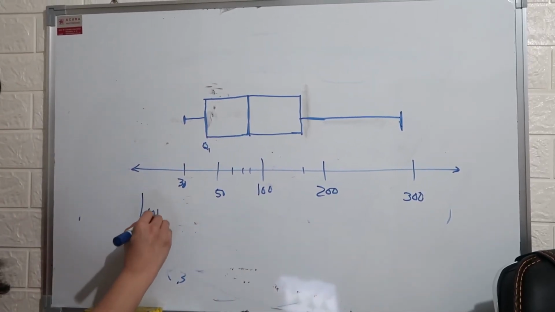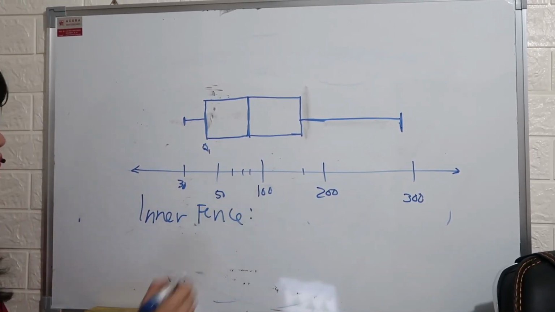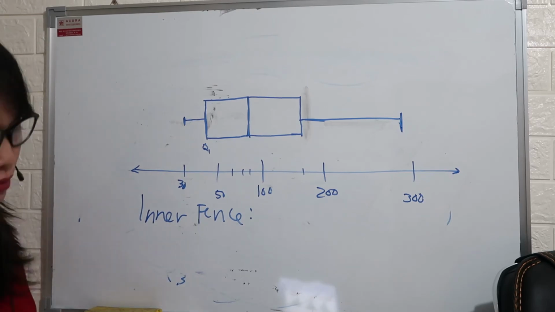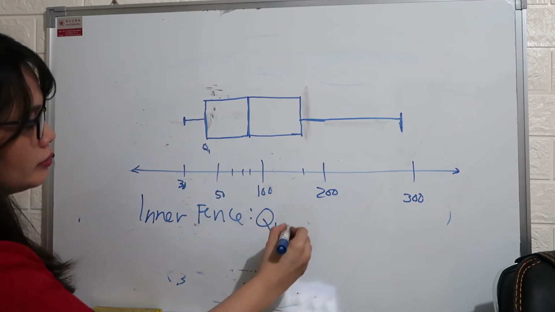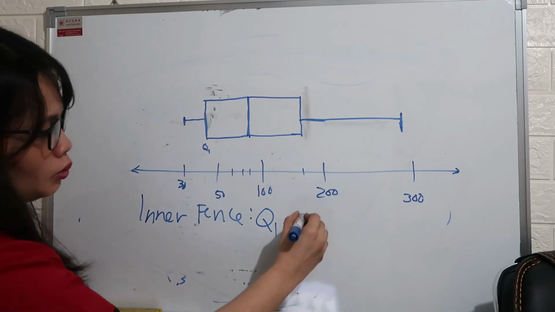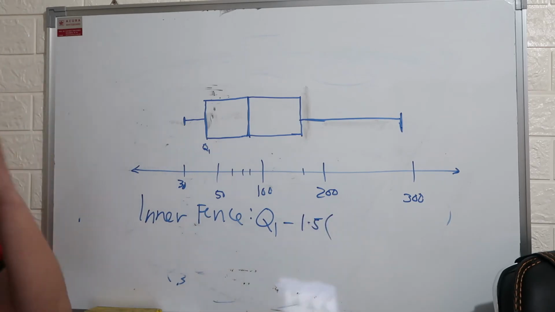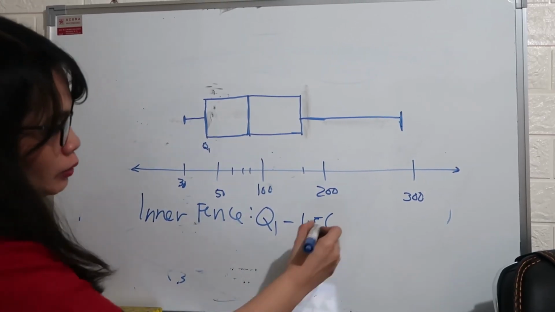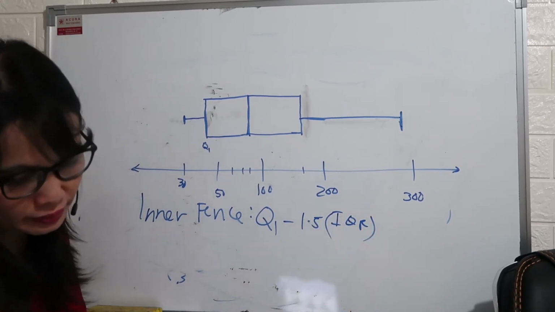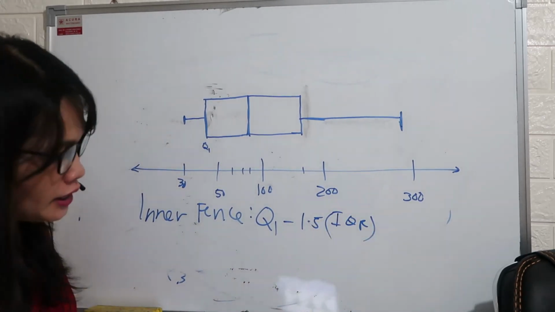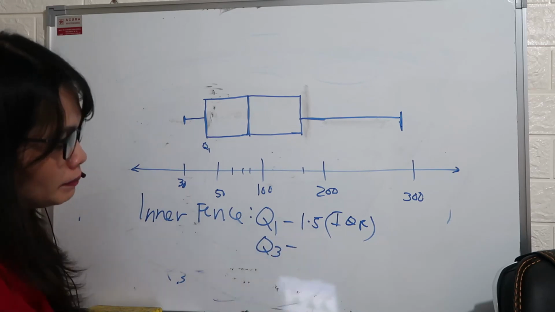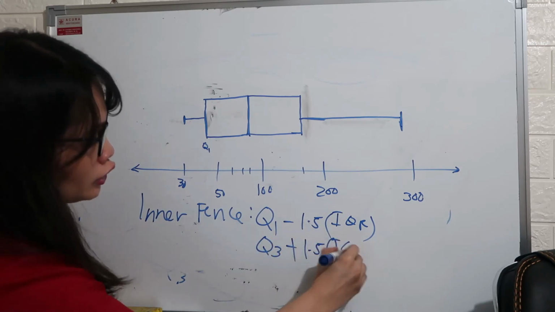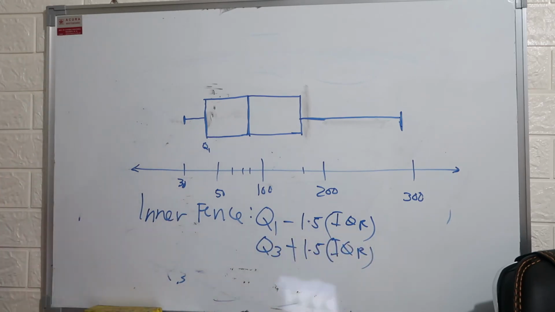So we have quartile 1 minus 1.5 multiplied by interquartile range. Okay? And then the third quartile plus 1.5 multiplied by interquartile range. So that's your inner fences.